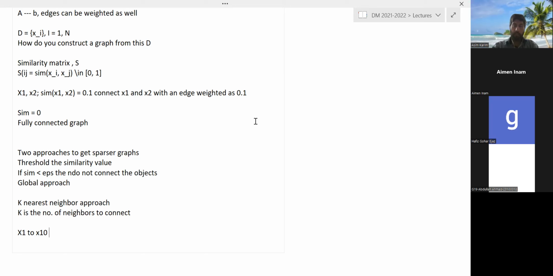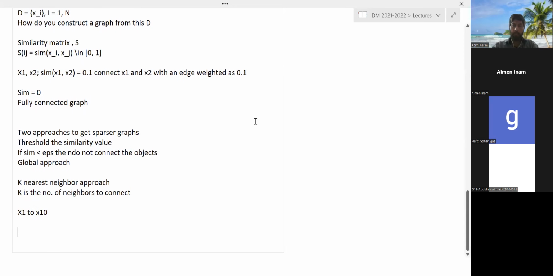But now instead of fully connecting them, we select, let's say, k equal to 3, the k most similar objects to x1, and connect them to x1.